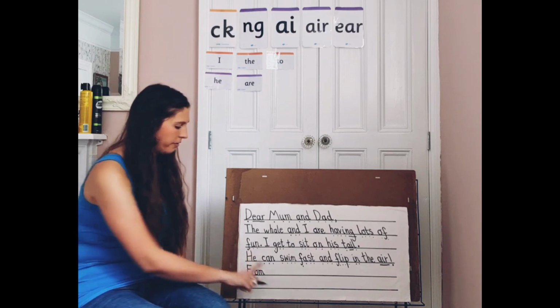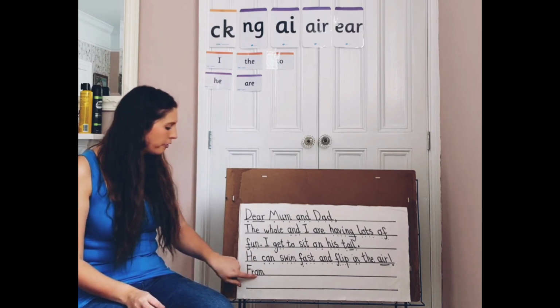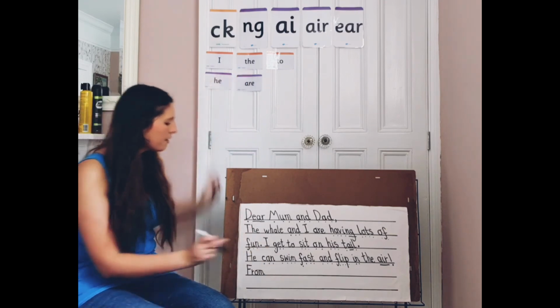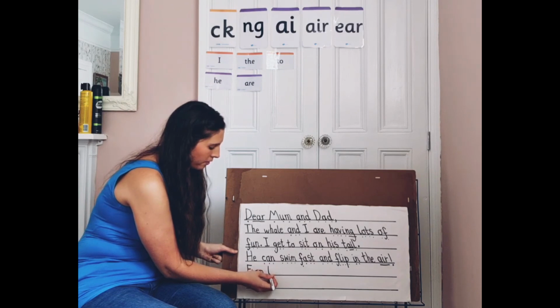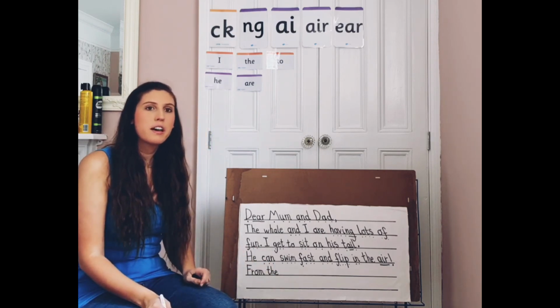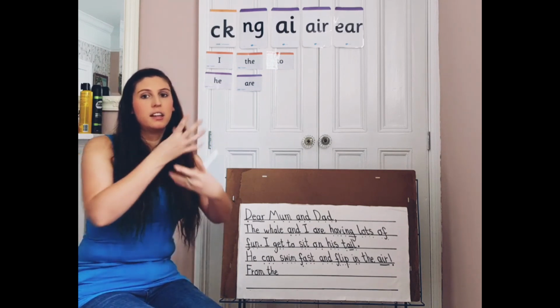From, okay, finger space, from the snail, from the, so we need the word the, that's our tricky word, the. From the snail. Okay, let's stretch out the word snail.